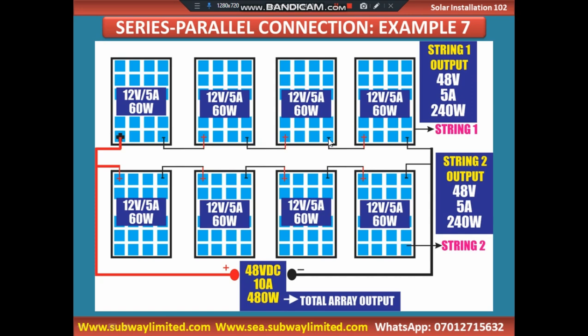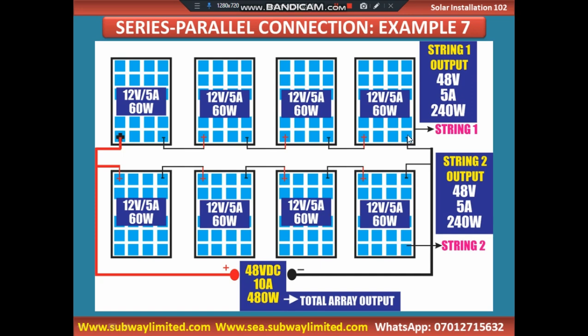That is series. The negative to the positive, and the negative remains here, and the positive remains here. We come here, we connect the negative to the positive, the negative to the positive, the negative to the positive. That is series connection. And the negative remains here, and the positive remains here.